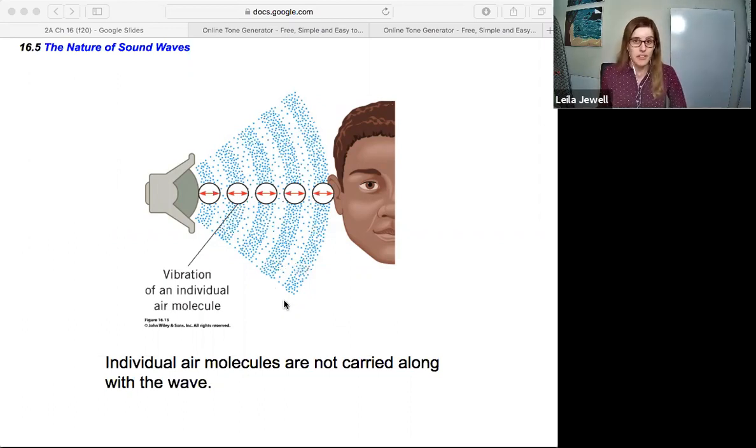So that's the basics of how a sound wave can travel. And this is why we need a medium like air, because if there's nothing to change pressure, if you're in a vacuum, then the sound won't go anywhere.